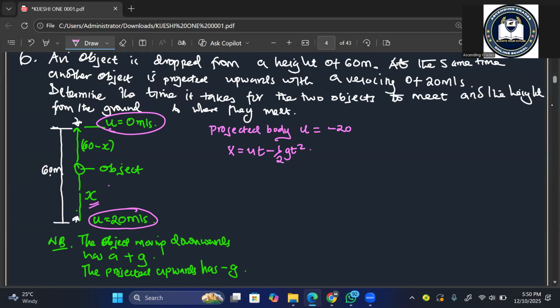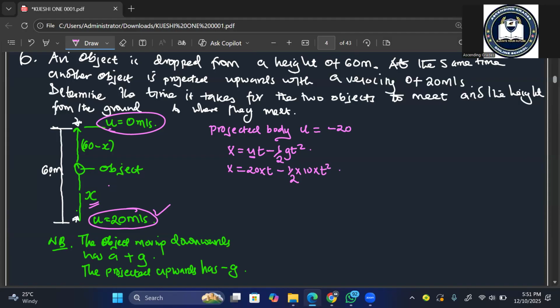So this one now we substitute over here. We say x will be given by our 20 meters times the time that we don't know, minus half times 10 times t squared.